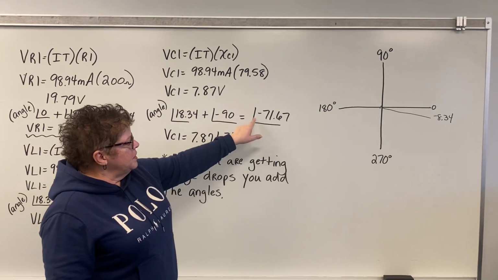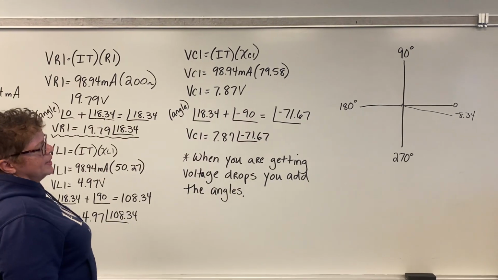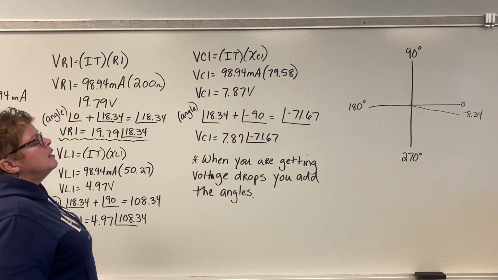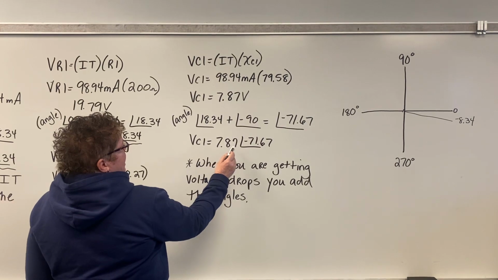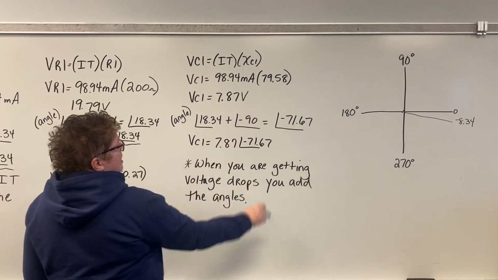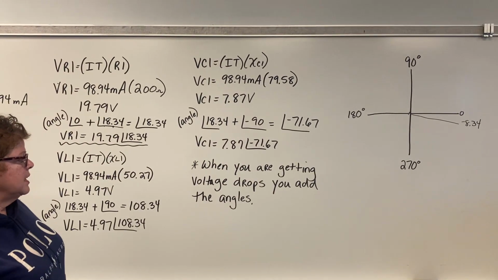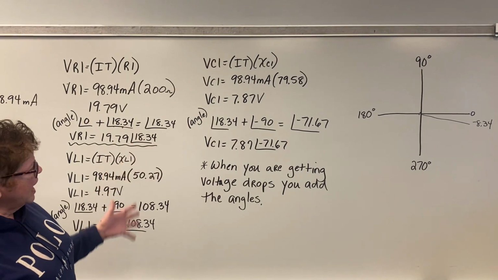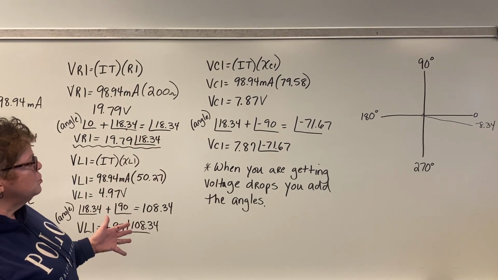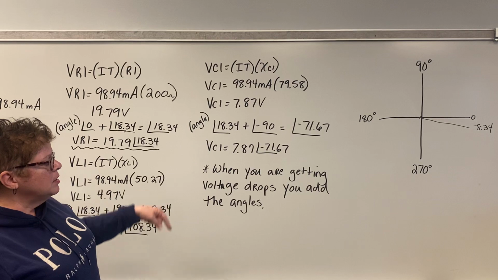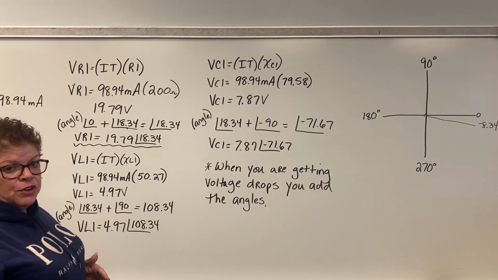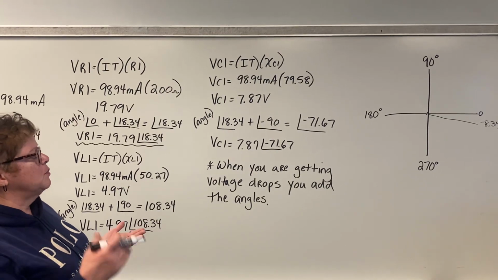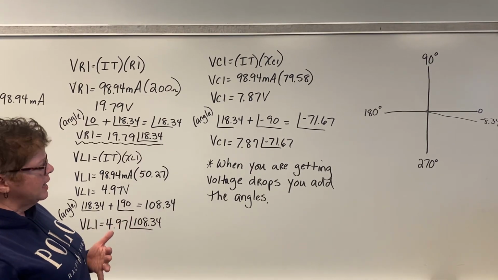We wound up with negative 71.67 for the angle. So VC1 is 7.87 volts at an angle of negative 71.67. When you are getting the angle for the voltage drops, you're adding them, unlike when you're getting the current, you're subtracting them. When you're getting the voltage drops, you're adding them.